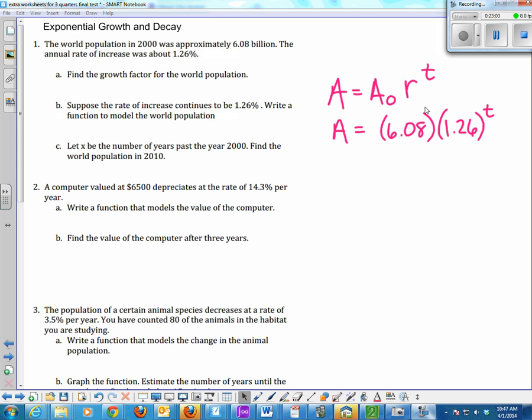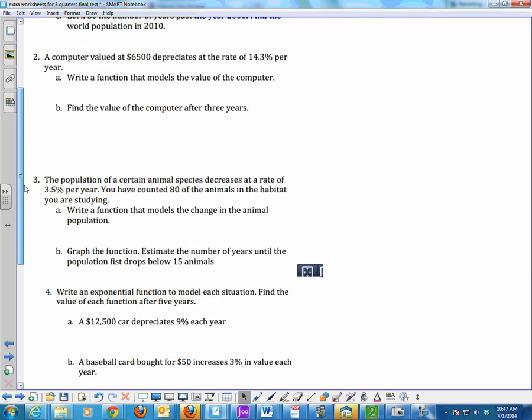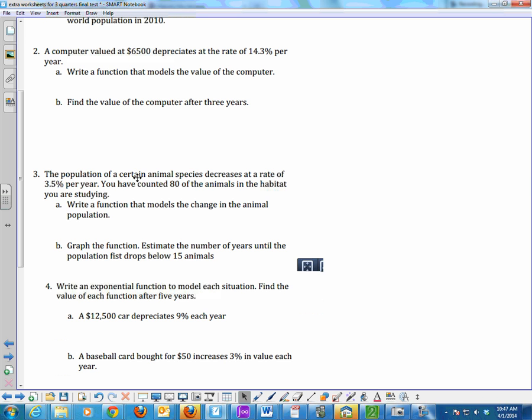This same kind of model can be used for all these. If you look down here at number 3, the population decreases. So anytime this decreases, you should have a growth rate, which is actually a decay rate. So if it decreases at 3.5% per year, you're doing 100% minus 3.5%.